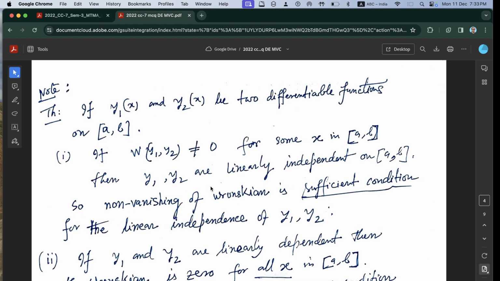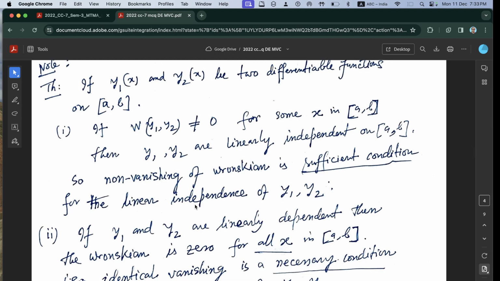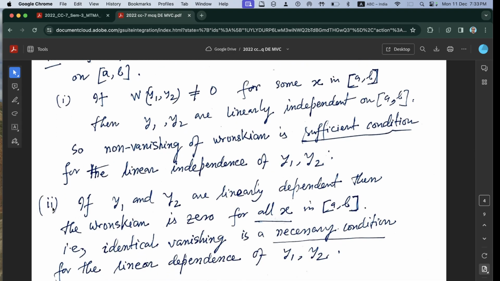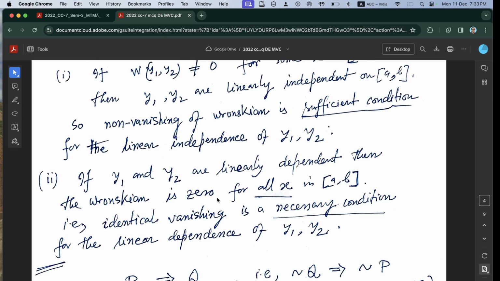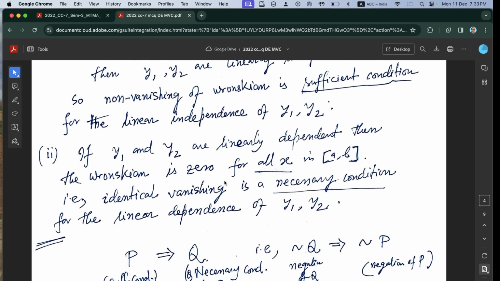So non-vanishing of the Wronskian is a sufficient condition for the linear independence of y1, y2. And two: if y1 and y2 are linearly dependent, then the Wronskian is 0 for all x in the closed interval [a, b]. That is, identical vanishing is a necessary condition for the linear dependence of y1 and y2.